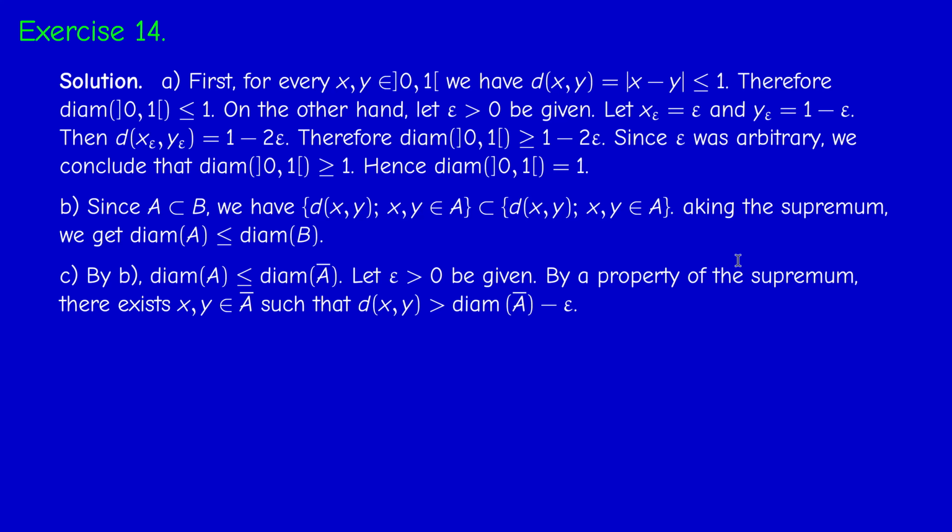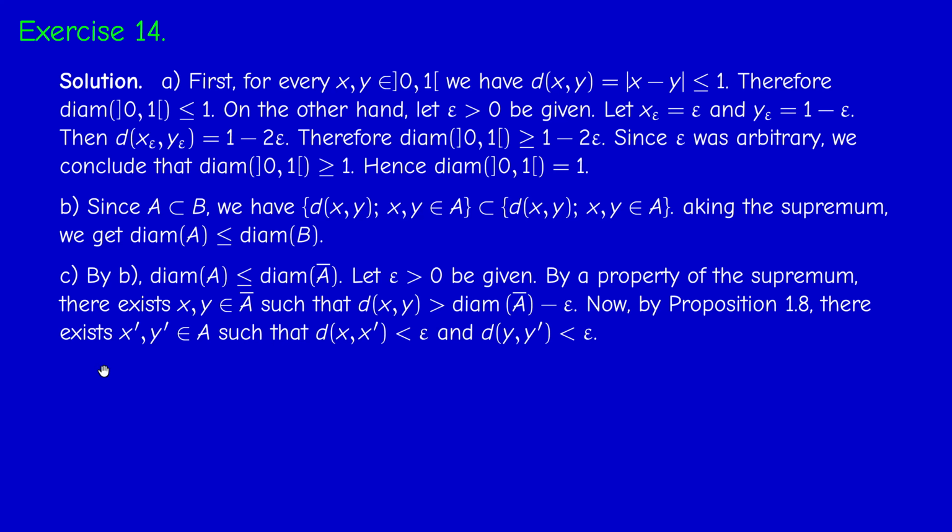Now, since x and y are in A bar, the ball of center x and radius epsilon meets A at some point x prime, and the ball of center y and radius epsilon meets A in a point y prime. So d(x, x prime) is less than epsilon and d(y, y prime) is less than epsilon.